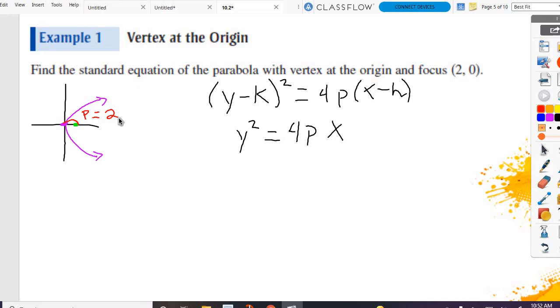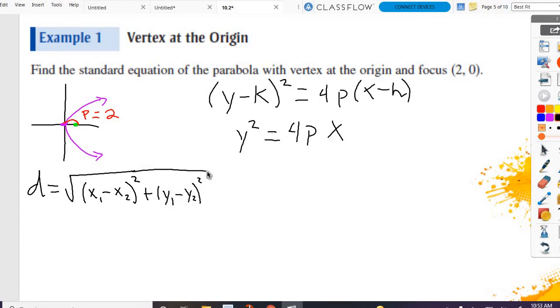However, if I couldn't just see that it's 2, what could we use? Do we recall our distance formula? D equals the square root of (x1 minus x2) squared plus (y1 minus y2) squared.